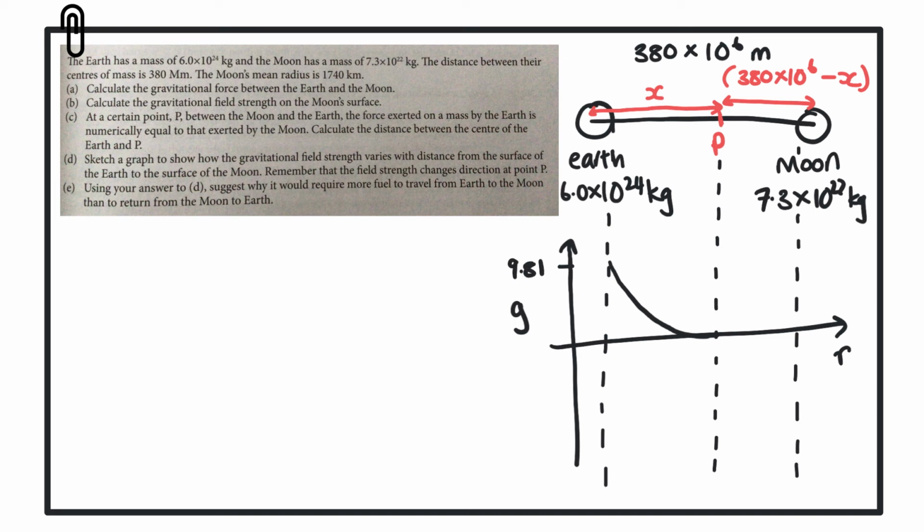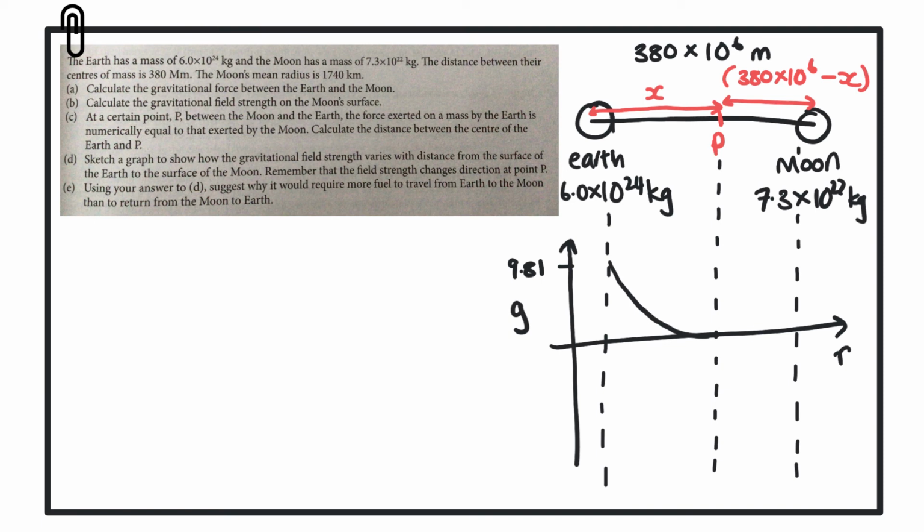But we actually already calculated in part B of this question the gravitational field strength at the surface of the Moon, and that was only 1.6. So therefore, when we have this curve that starts to increase as we get closer to the surface, it's only going to go as far as 1.6.